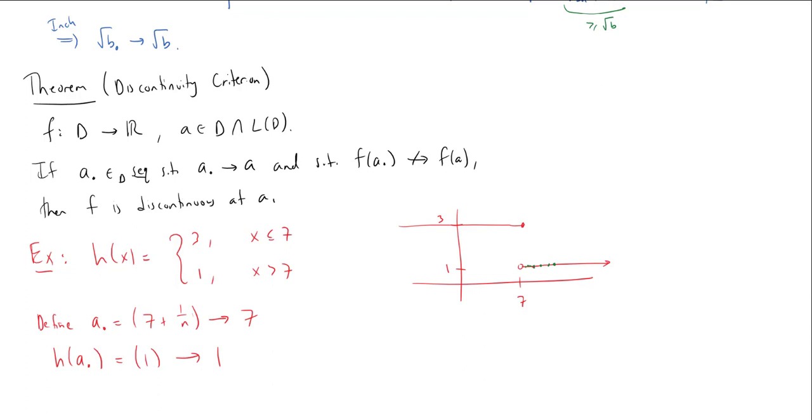But what is h of 7? h of 7 is equal to 3. It comes from here. h of a_n converges to 1, h of 7 is 3, a_n converges to 7. Oh, it didn't work, right? We should have that h of a_n converges to h of a. But h of a in this case, that's h of 7, is 3.